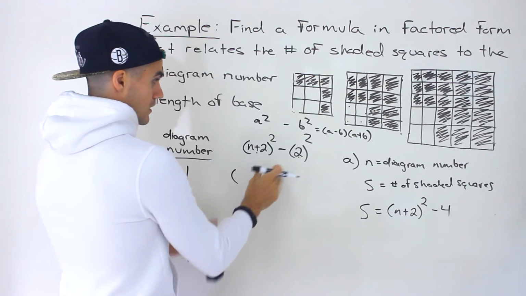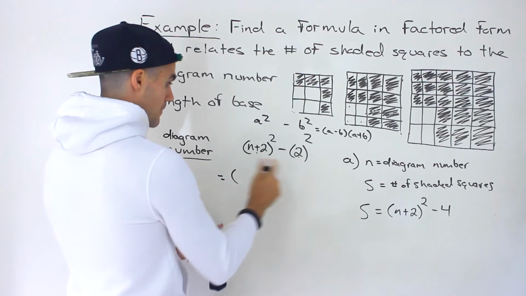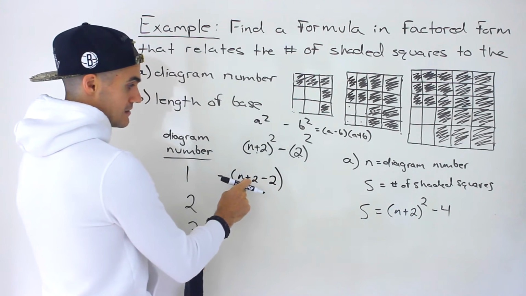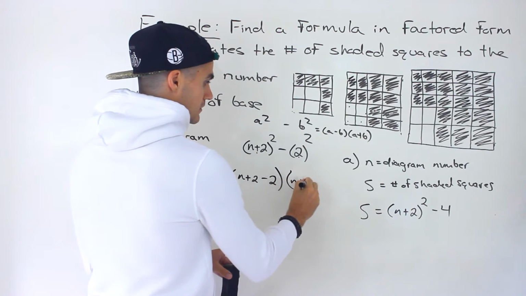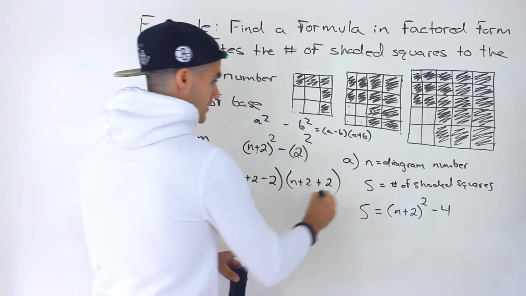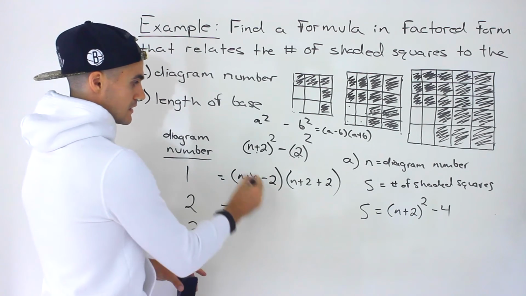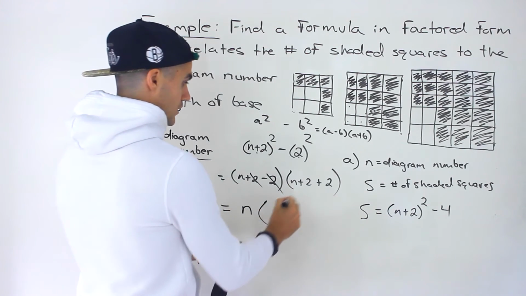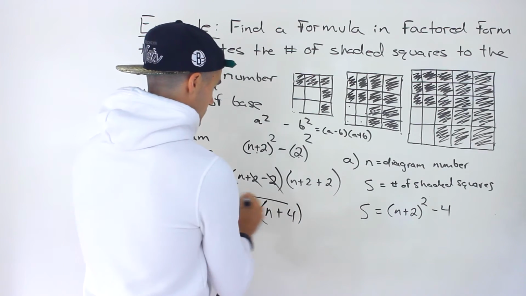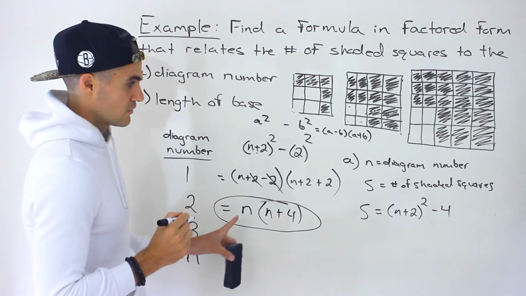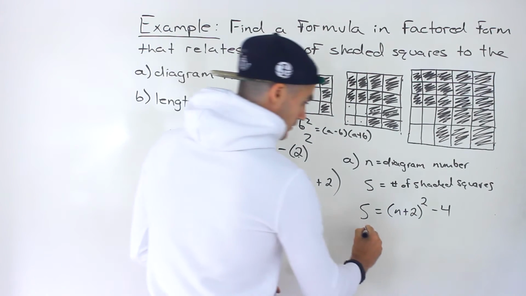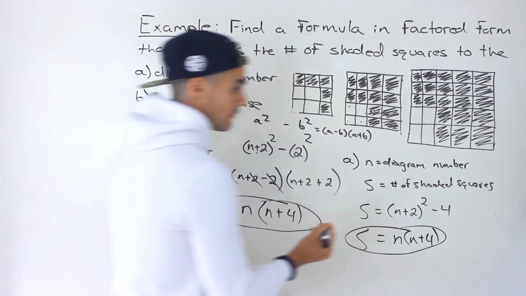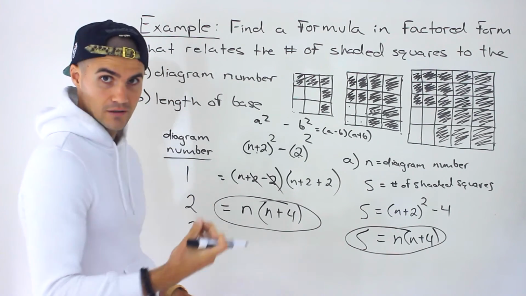And so this would factor into a minus b, so it would be n plus 2 minus 2, a minus b, a plus b, like that. And then what does it simplify to? Notice those net out to 0, so we'd just be left with n in the bracket, and then over here we would have n plus 4. Right? So that would be the factored form. This here, it factors into n times n plus 4. And so that would actually be the final solution.